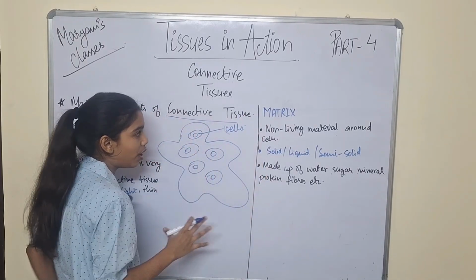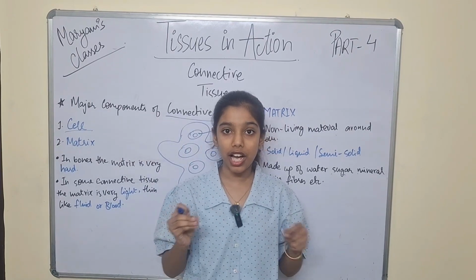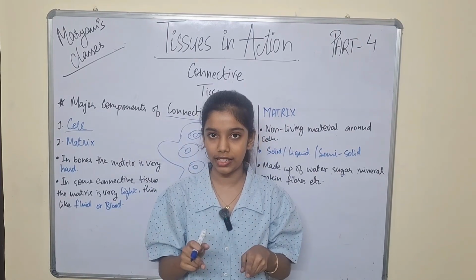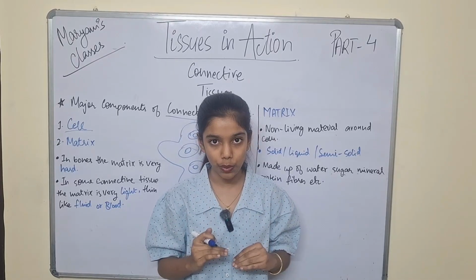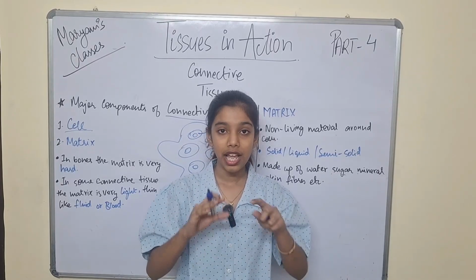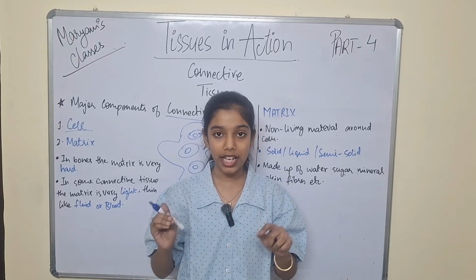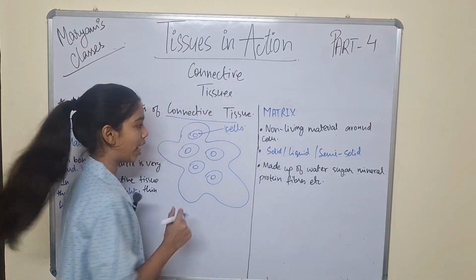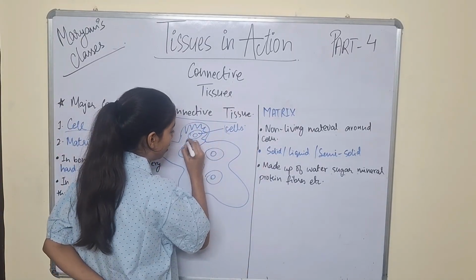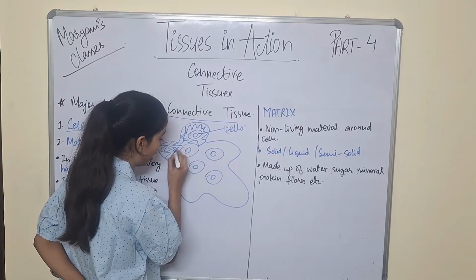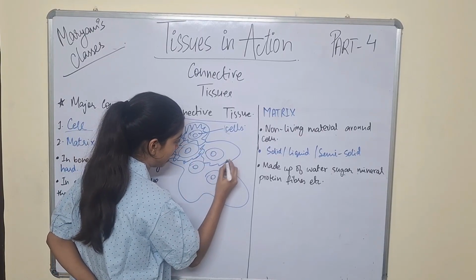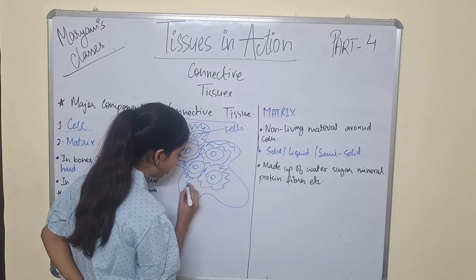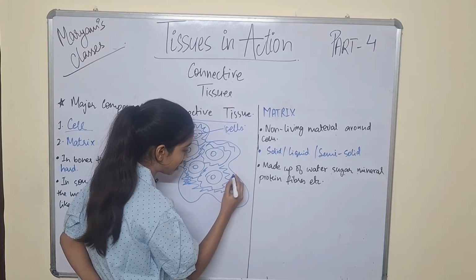Actually, matrix is a non-living material that is present around the cells, especially in connective tissues. It is present like over here, covering all the part around the cells. The part I am coloring over here, that is where matrix is present.